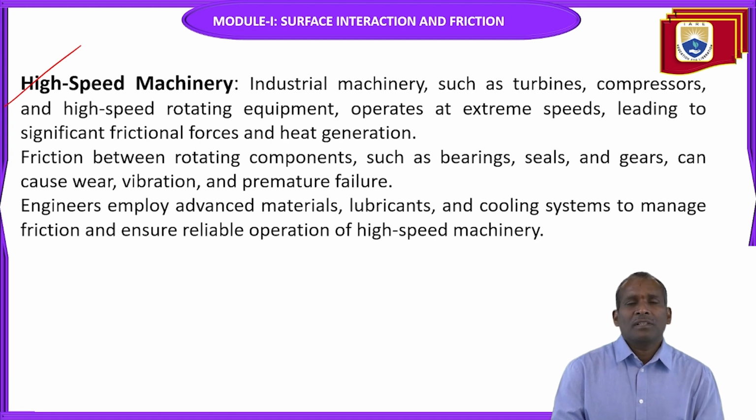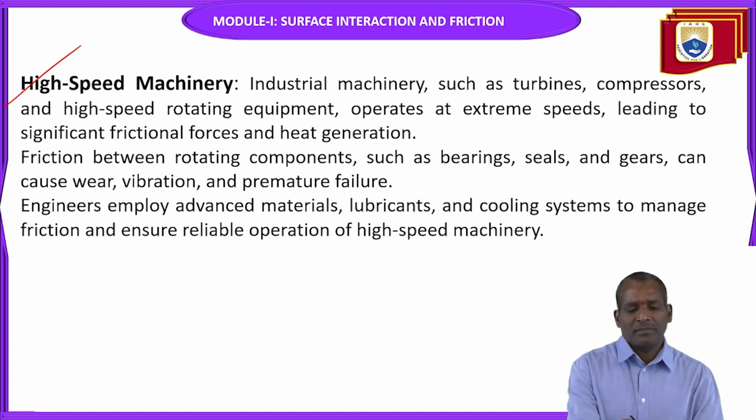The industrial machinery such as turbines, compressors, and high speed rotating equipment operates at extreme speeds, leading to significant frictional forces and heat generation.